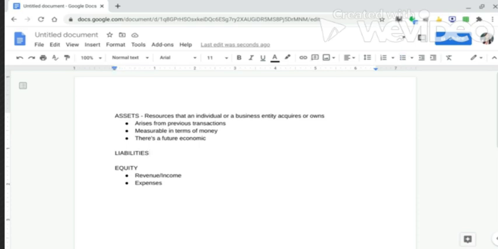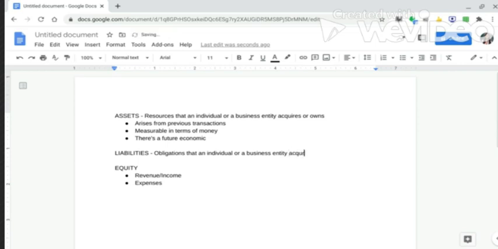So next are the liabilities. So if the assets are resources, liabilities are basically obligations. Okay? That an individual or a business entity obtain or acquires.